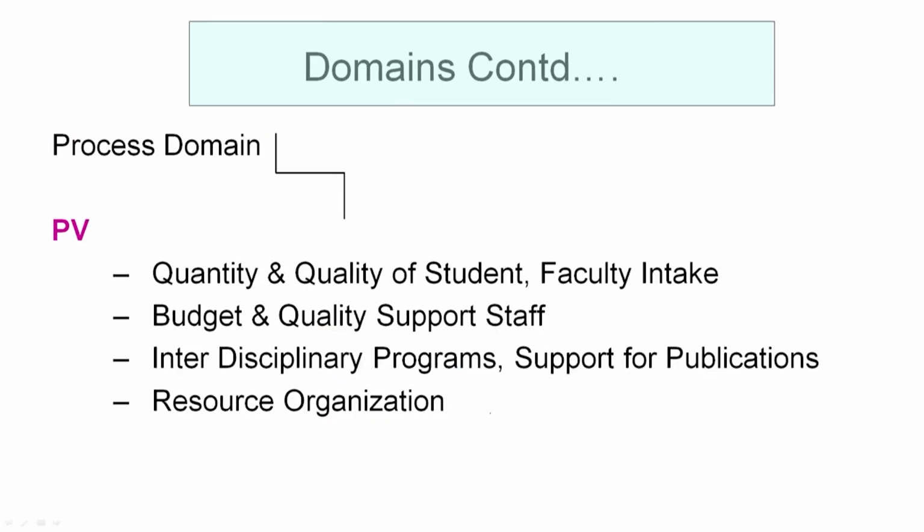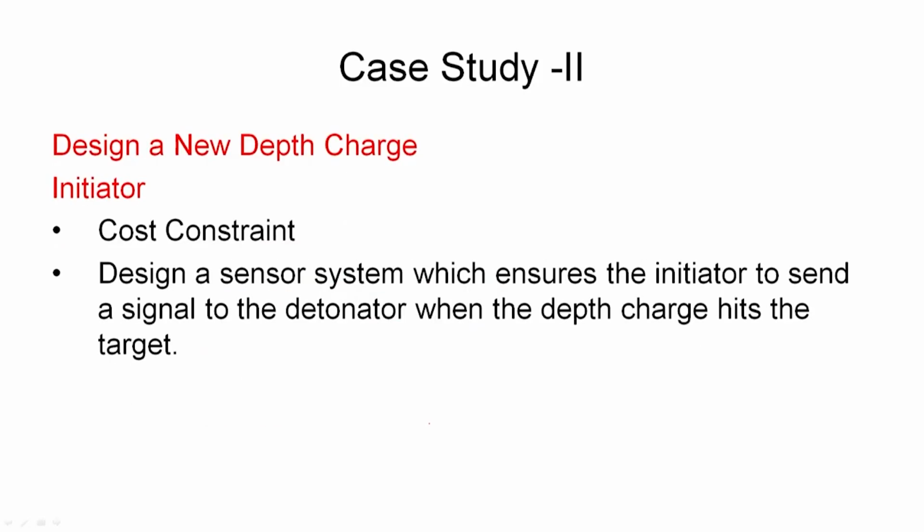Next will be the process. In the physical domain, what is it that we need to do? Well, we need to exactly quantify the quality and quantity of students, the budget and quality support staff, the programs, the resource organization. So, this is how the design gets built up in the system.